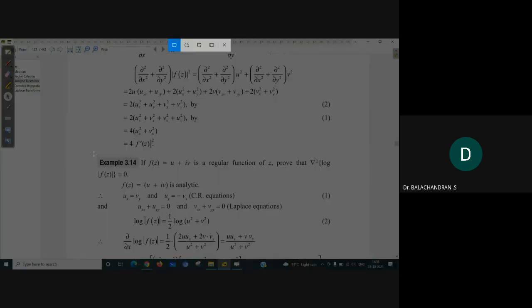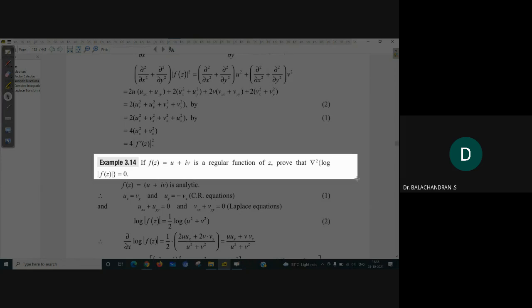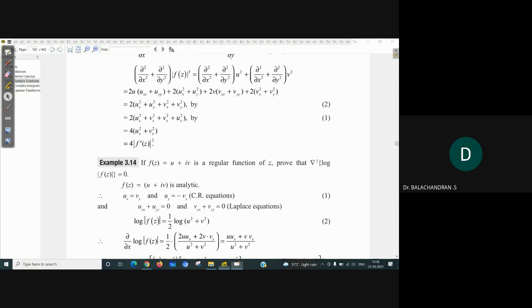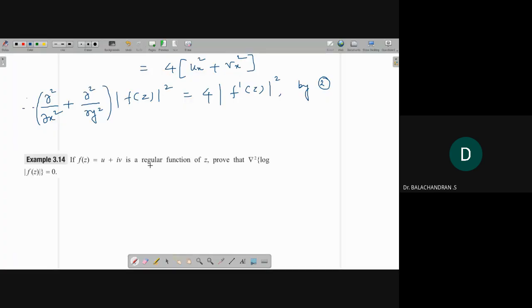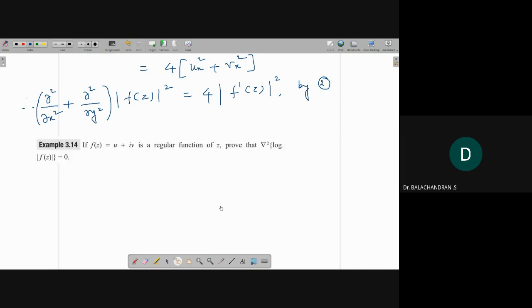We will prove this. This is the important result. These two results are important results. So, solution.